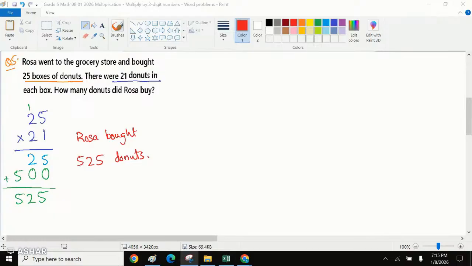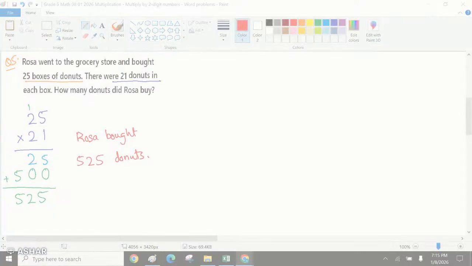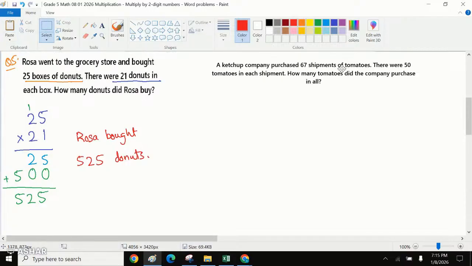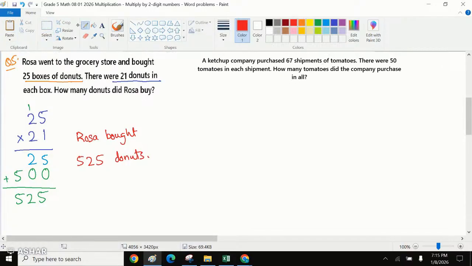Okay. The next question we have is a ketchup company. They're buying shipments of tomatoes. Let me just align this so that it is much more readable for us.